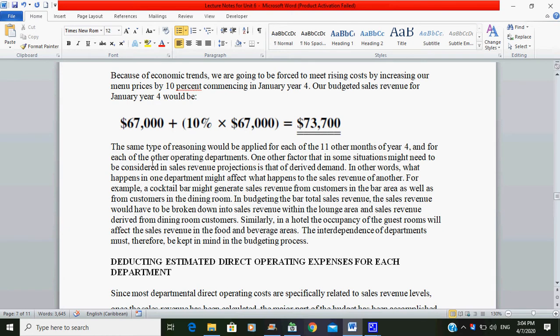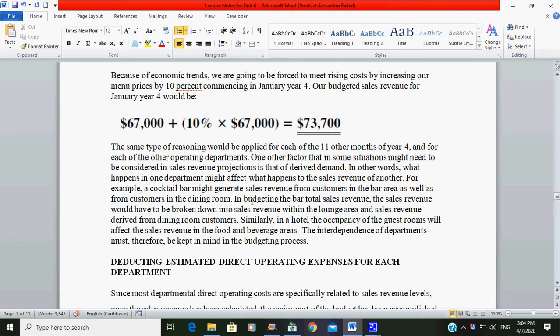For each of the other operating departments, one other factor that in some situations might need to be considered in sales revenue projections is that of derived demand. In other words, what happens in one department might affect what happens to the sales revenue of another. For example, a cocktail bar might generate sales revenue from customers in the bar area as well as from customers in the dining room.